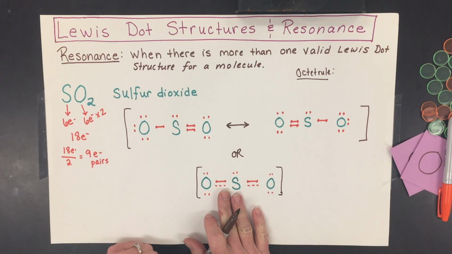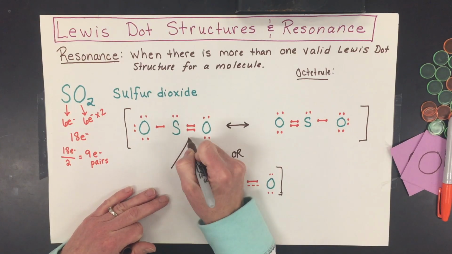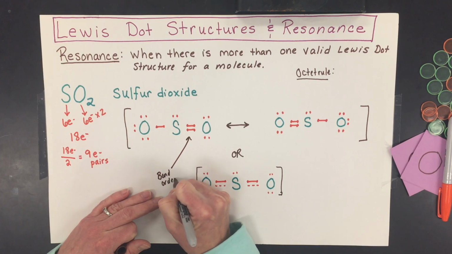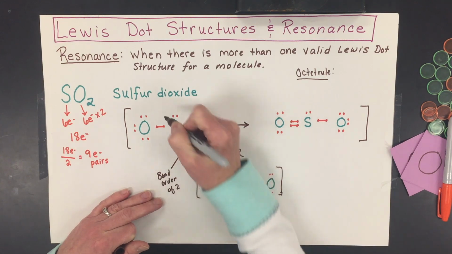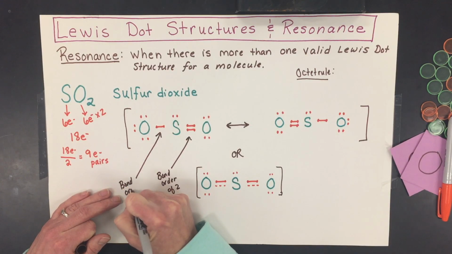The other thing that's nice about this is double bonds are sometimes given the bond order of 2. And then a single bond would be given what's called a bond order of 1.